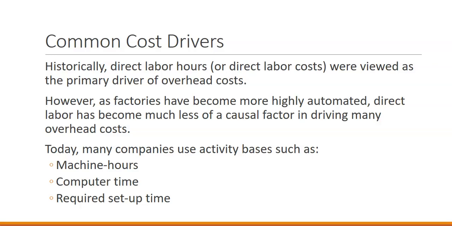So historically, as I said, direct labor hours or direct labor costs were the primary driver of overhead costs. However, as factories become more automated, we tend to have a lot more machine hours, where the factory machines or robotic assembly is more a driver than direct labor hours.